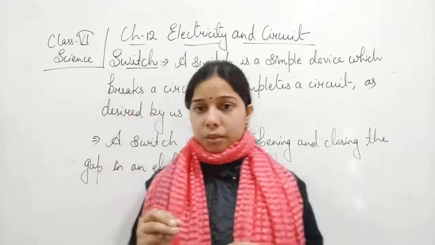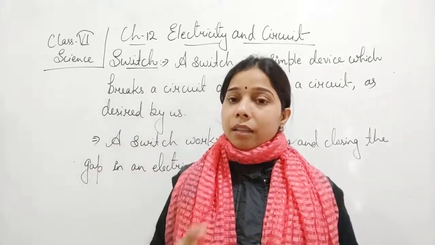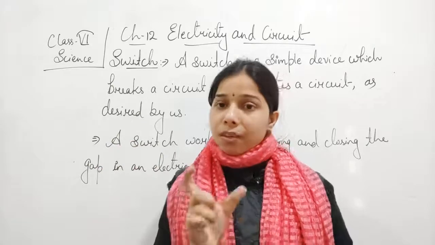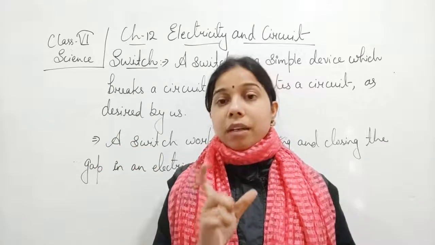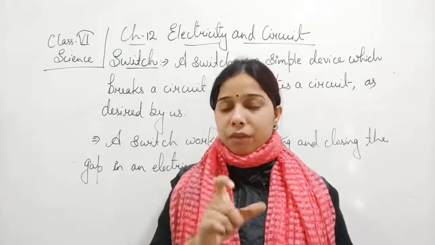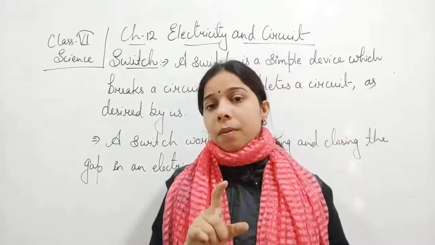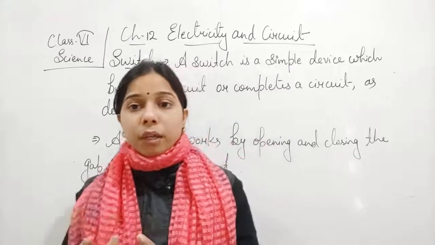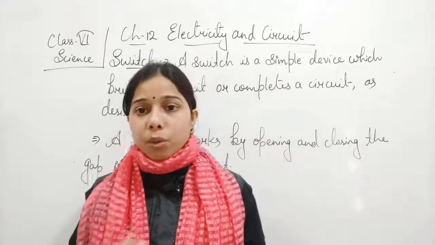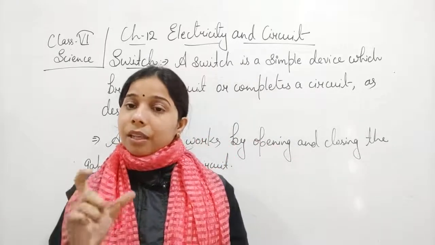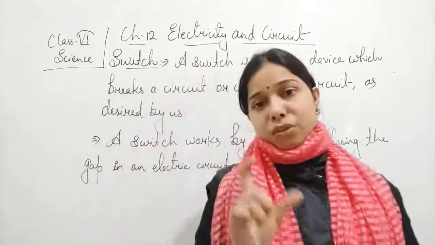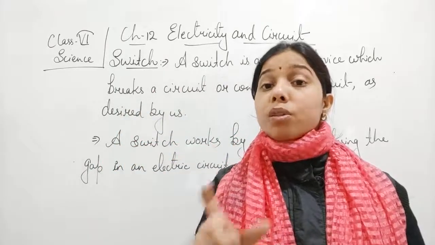So you have understood here that in the switch off position, there is a formation of a gap. Why is it so? Because when you switch it off, the bulb is not glowing, and you know that the bulb is not glowing only when there is a gap in the circuit, when the circuit is not closed.